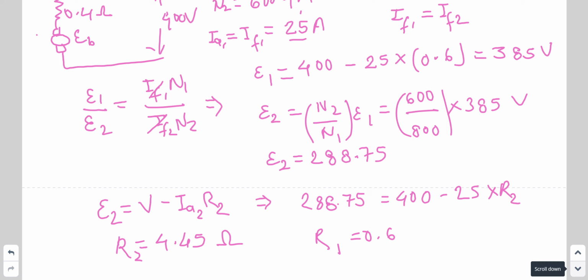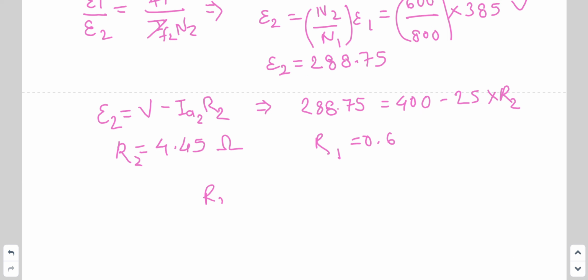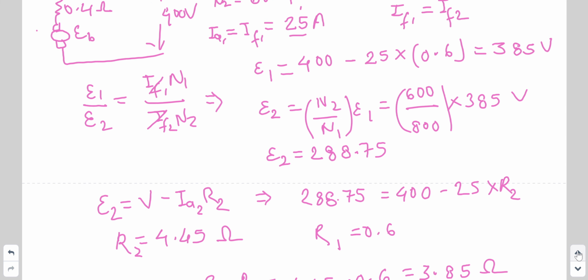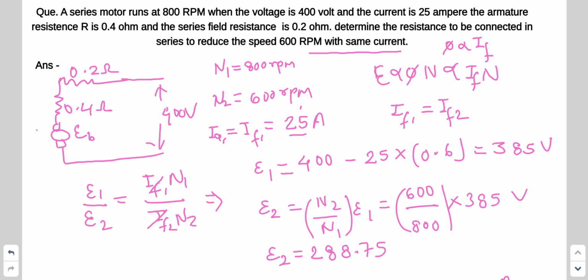So the extra resistance added is R2 minus R1, which is 4.45 minus 0.6, that is 3.85 ohm. So this will be the extra resistance we have to add in the circuit. So this is the answer. Thank you.